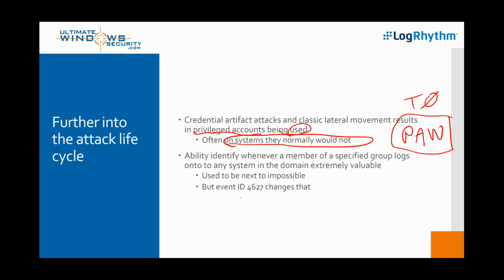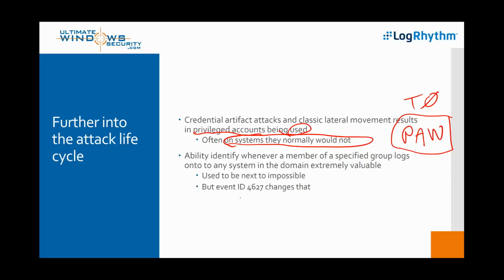Now, I've presented different ways to do that in the past, where basically, Seth, we would have to keep up a static list of all of our privileged users. And with your solution, LogRhythm, it's possible to maintain lists and even automate it to a degree, right? But it's work, and that's the thing.